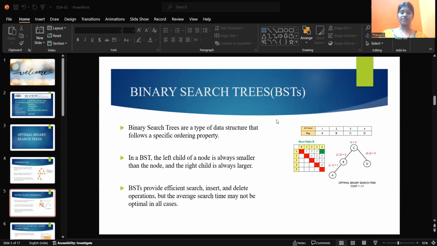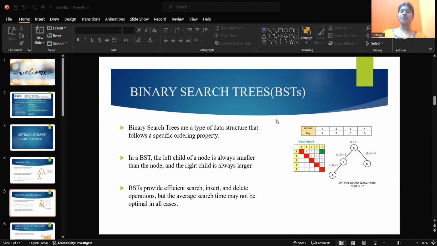Binary search trees are a type of data structure that follows a specific ordering property. In binary search trees, the left child of a node is always smaller than the node and the right child is always larger.